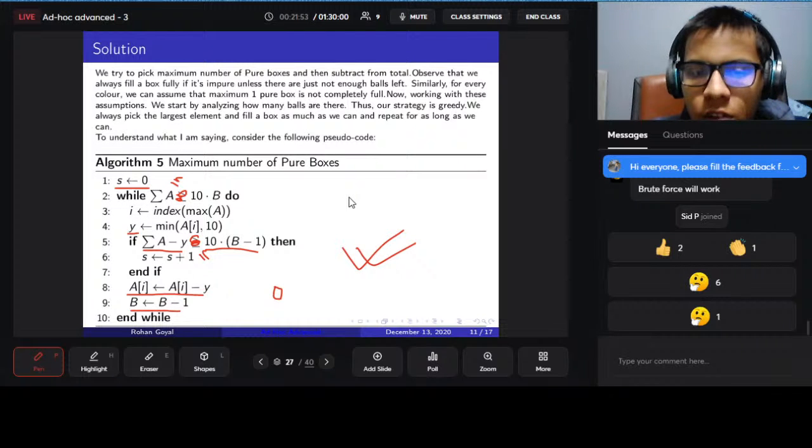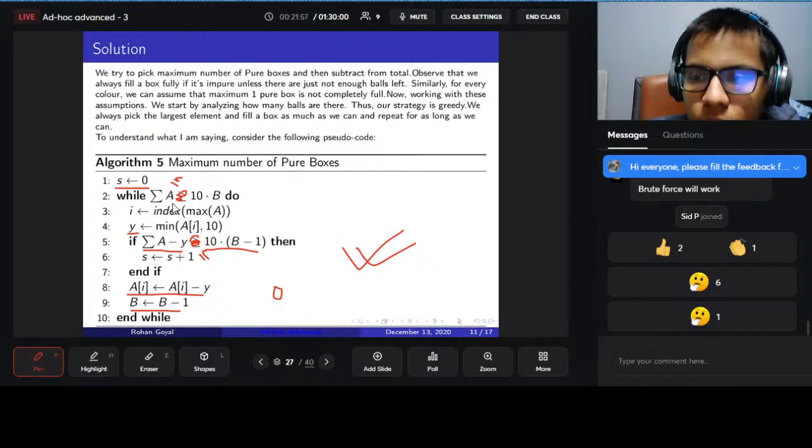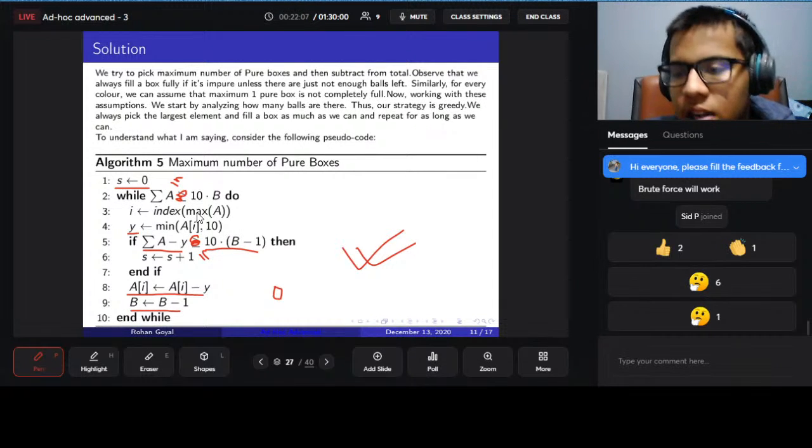So what we do now is, whenever there are enough boxes to place the balls, we consider the maximum term in the color set, the color with the maximum number of balls. Now we take the minimum of the balls of this color and 10, because a box cannot store more than 10 balls.